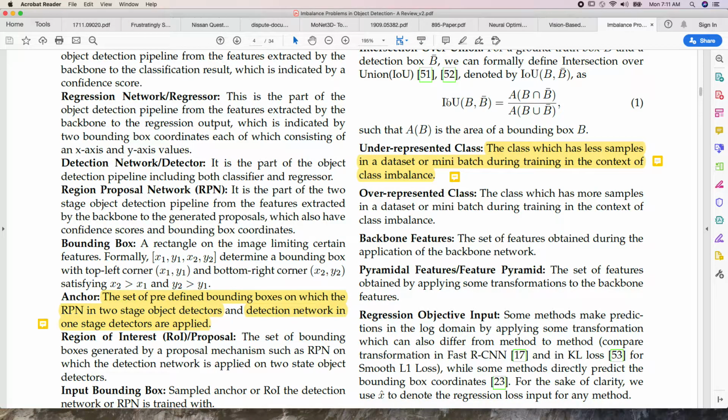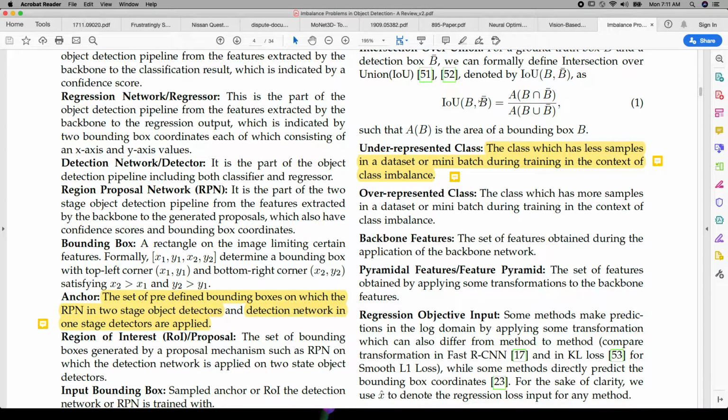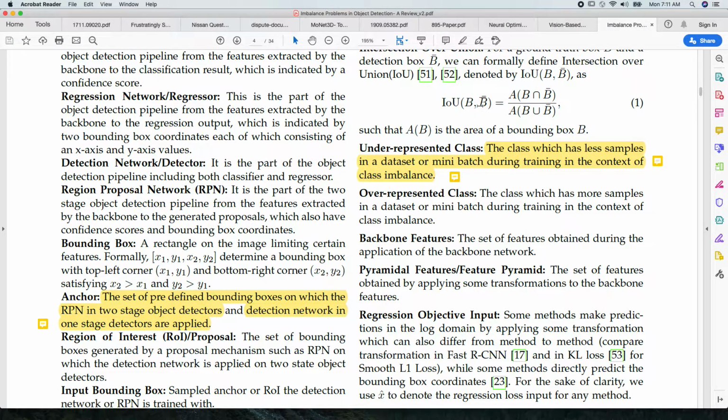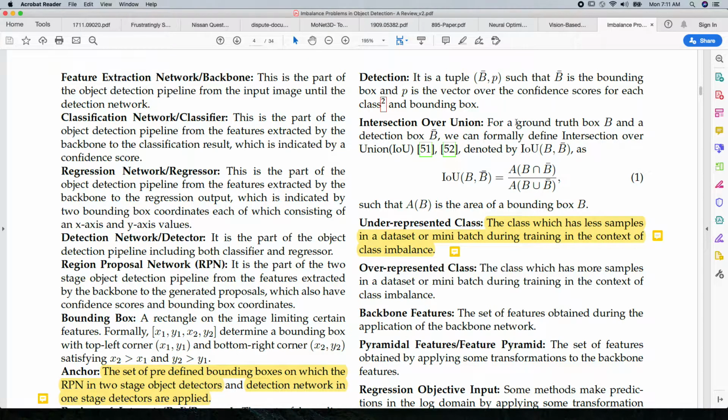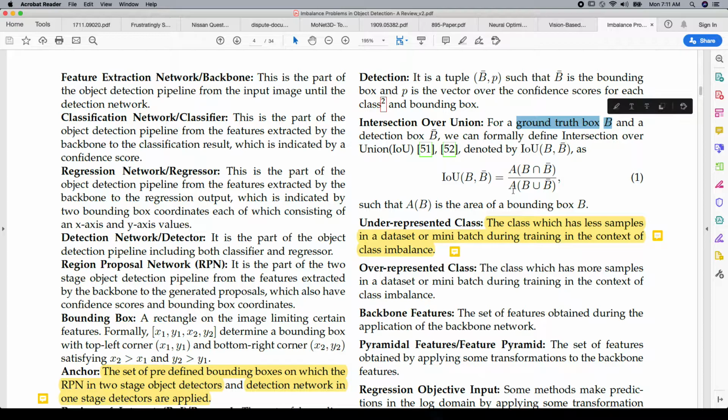Okay? So this is essentially saying intersection over union of the predicted bounding box and the ground truth. The predicted is the one that has a bar, and the ground truth is without a bar.